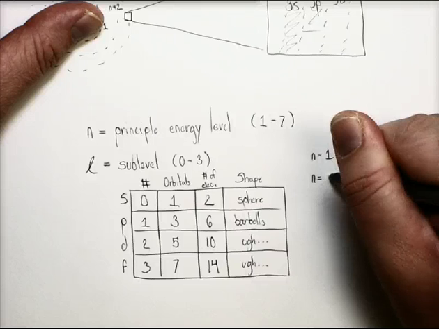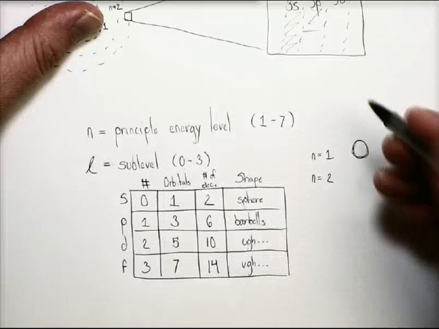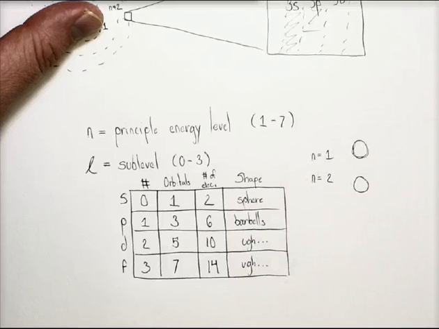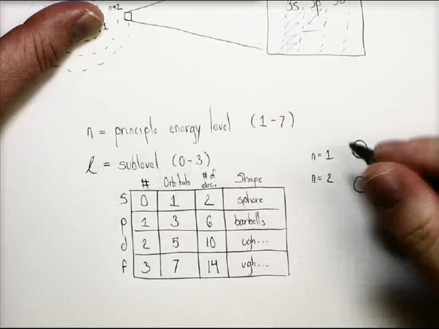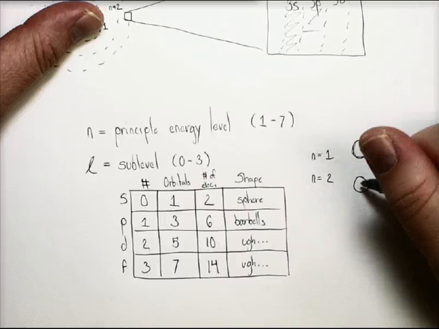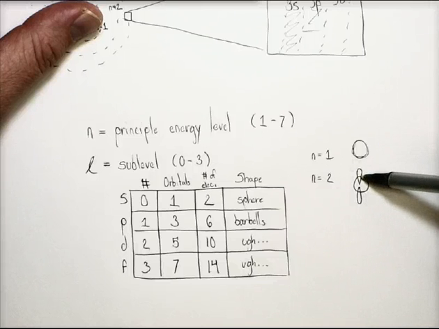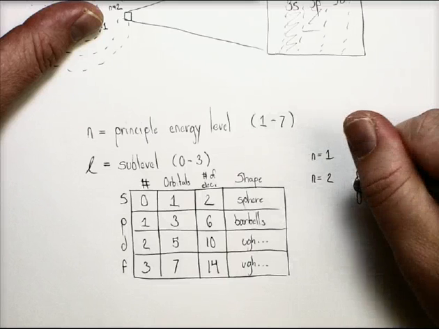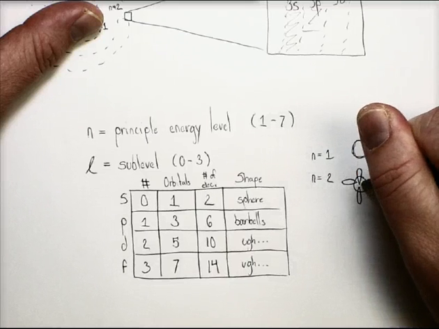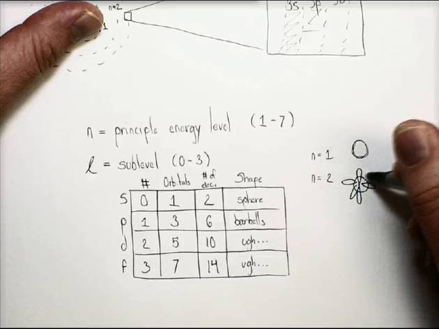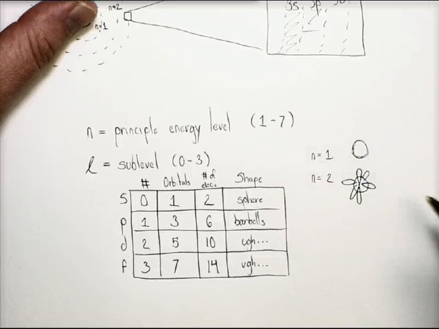For n equals 2, we now have an S and a P. The S is shaped like a sphere, and then here we go with the P sublevel. Each one of these 3 orbitals takes a shape kind of like this with the nucleus in the center. That's one orbital that exists on both sides of the nucleus, and then there's another one at 90 degrees to that, and then another one at 90 degrees to that, which means coming into and out of the paper.